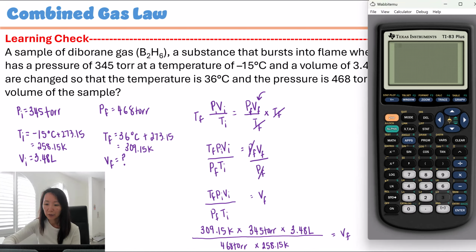So let's calculate this out to get our V final. I have my 309.15 Kelvin times 345 times 3.48. And then I'm going to hit enter, divide that by, open up a parenthesis, including both 468 times the 258.15.